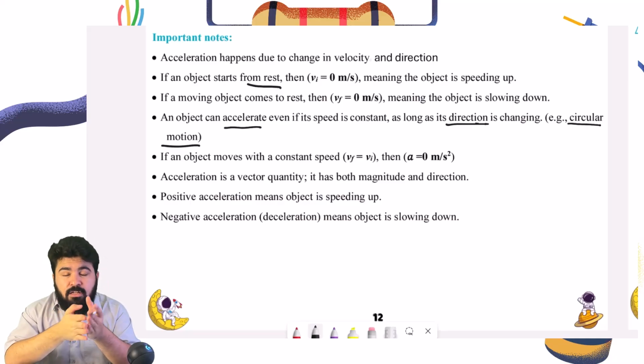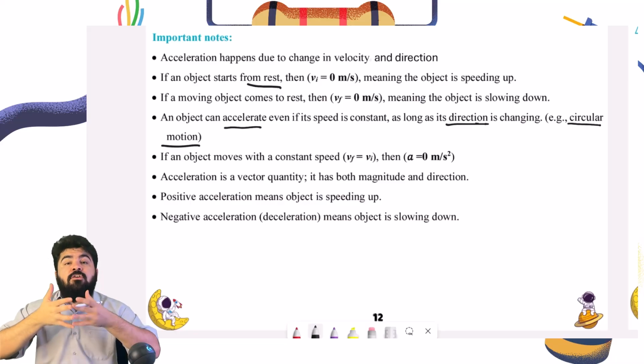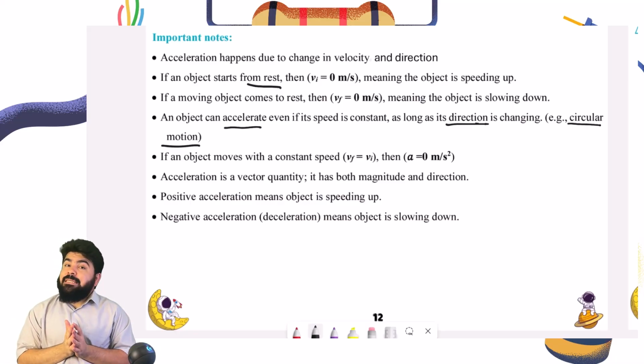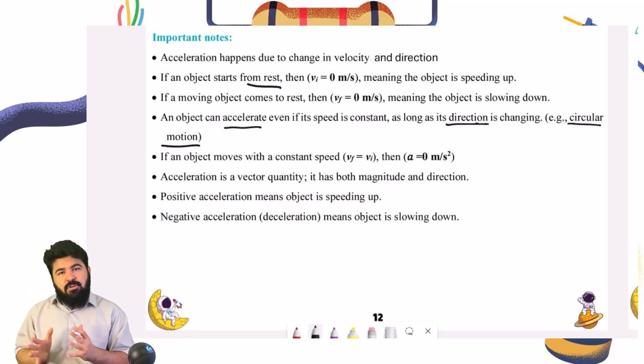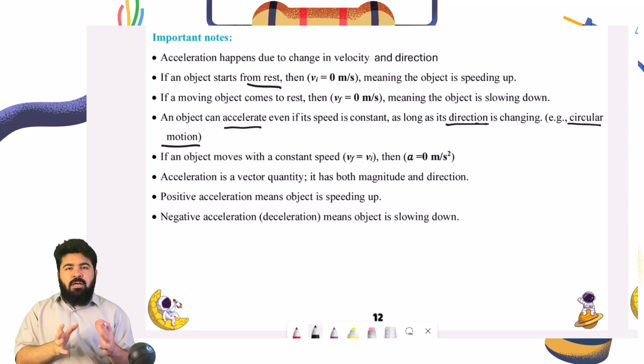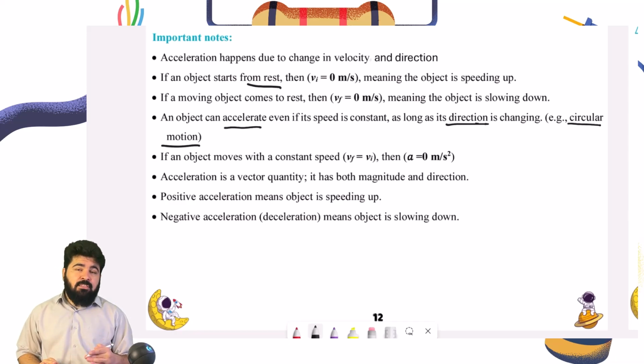V final and V initial are equal, so here acceleration is going to be 0. Careful. Why? Because we said for acceleration to happen, the velocity should change. The car is going with the same velocity, so how can it have acceleration?